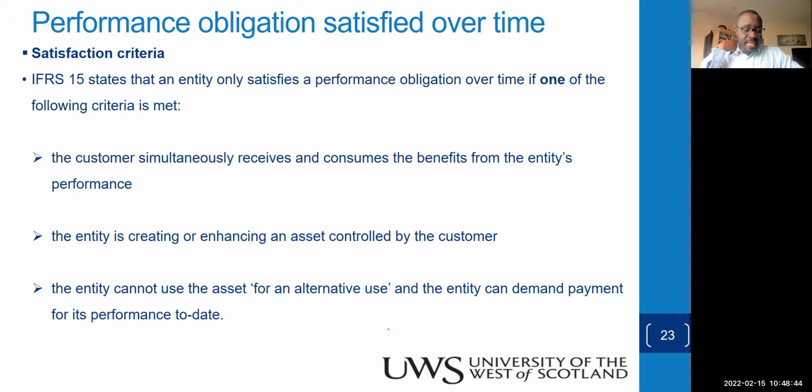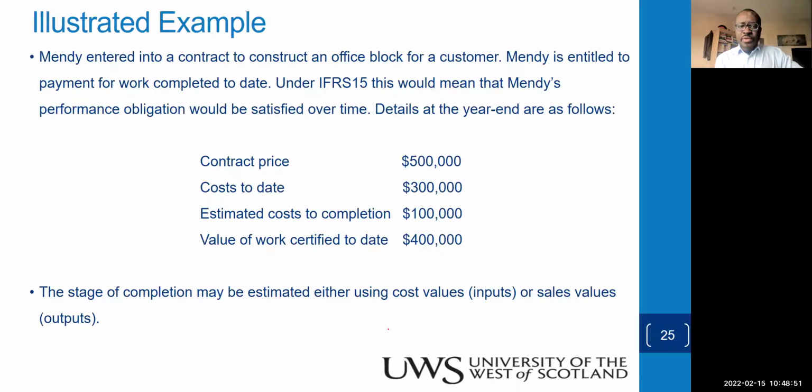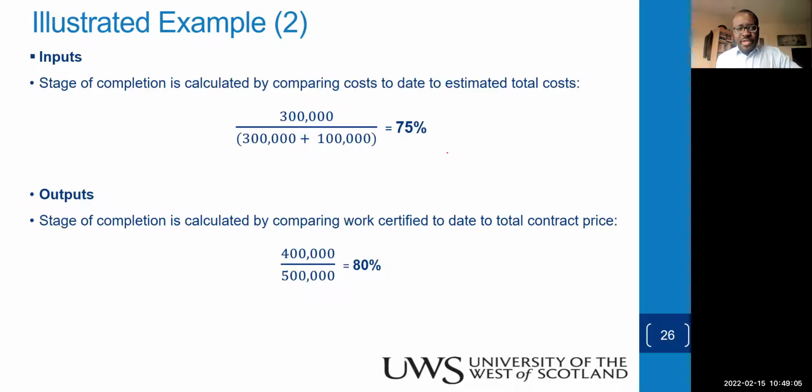If one of them is met, you satisfy it over time. We took the input method, looking at the cost to date as a percentage of the total cost. And then we took the output method, the value certified over the total value of the contract price, the revenue you expect to get.